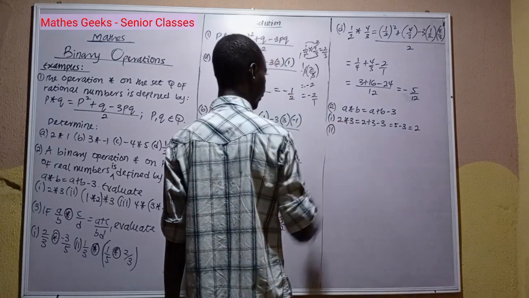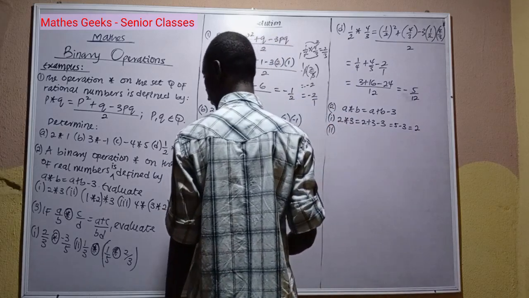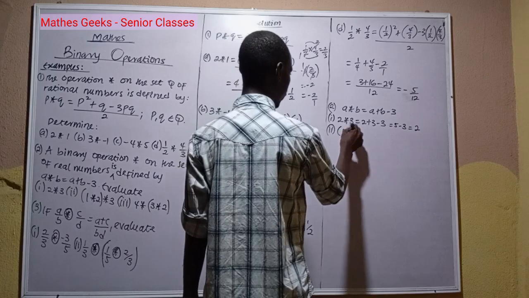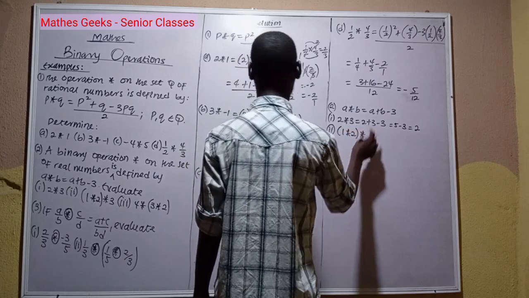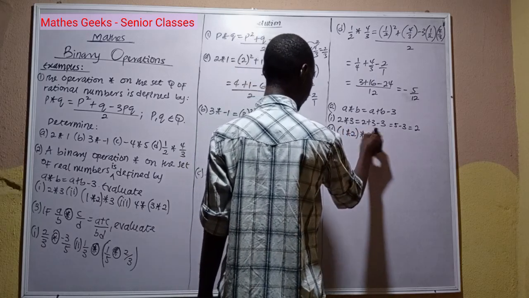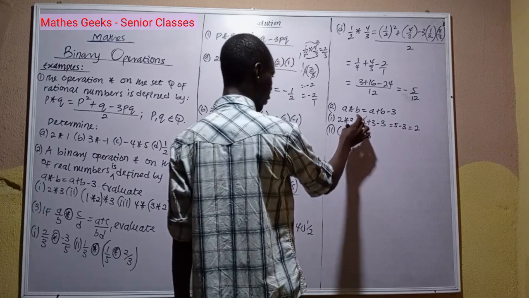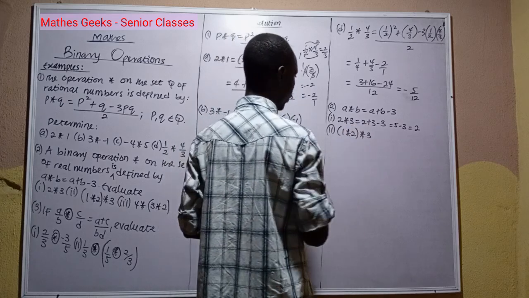Next, let's look at 1 star 2, all star 3. We need to look for the value of 1 star 2 first.